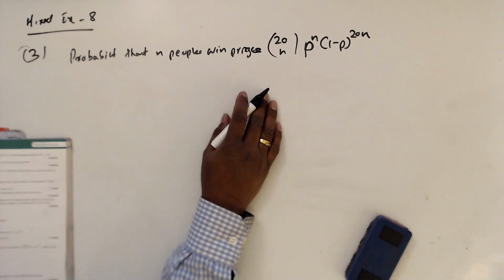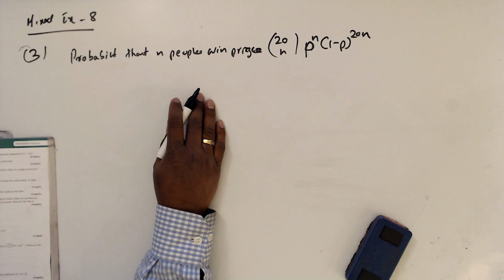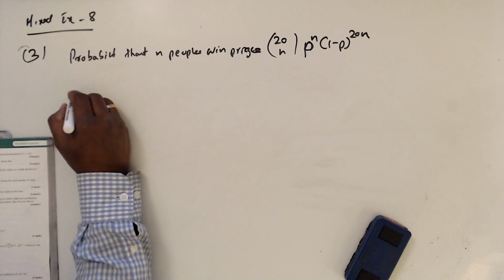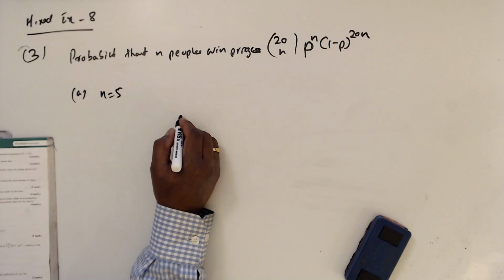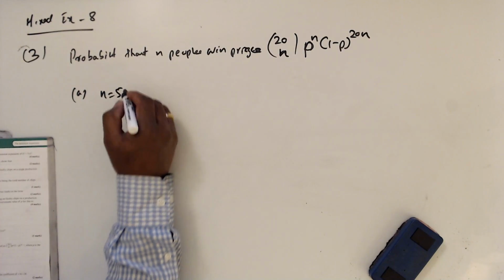You can understand this question, what is going on here, clearly when you do the probability, but for this section, you just need to simply apply and work out. Part A is when n equals 5 and p equals half.